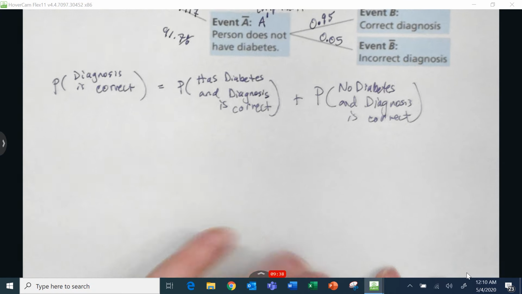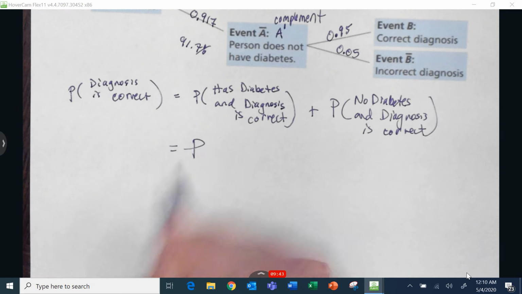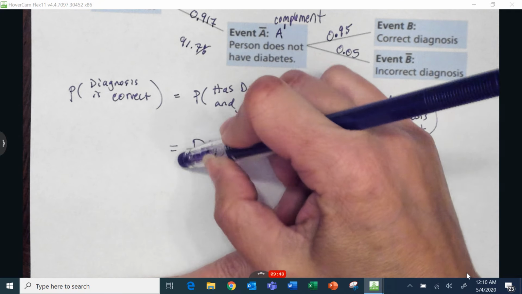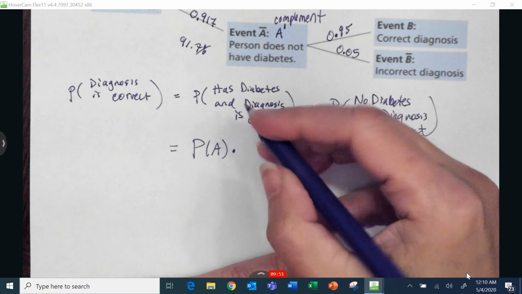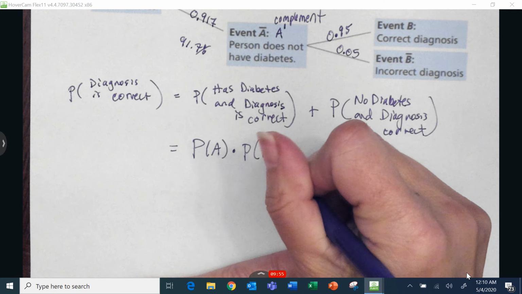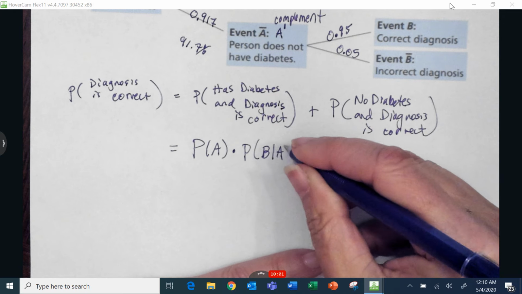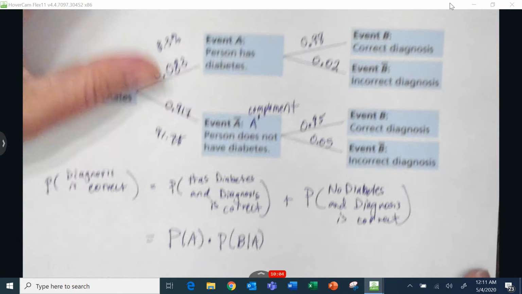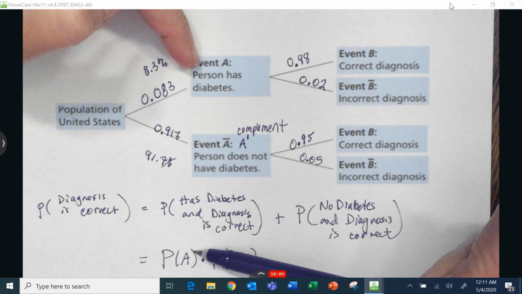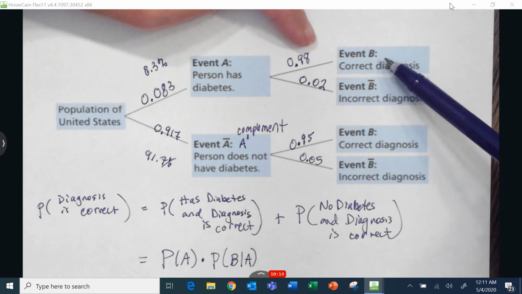Now let's talk about that in symbols. So we're going to have the probability of event A, and we're going to multiply that by the probability of event B given event A. So looking up here, we need to find the probability that the person has diabetes, event A, and that they had the correct diagnosis.